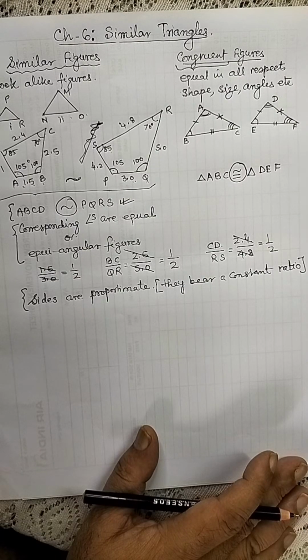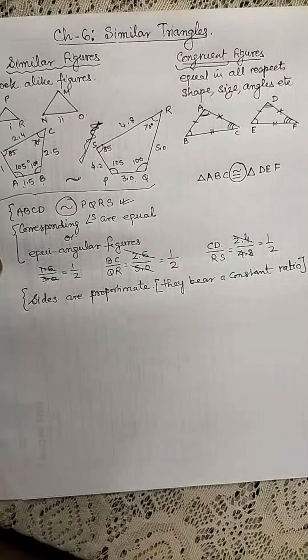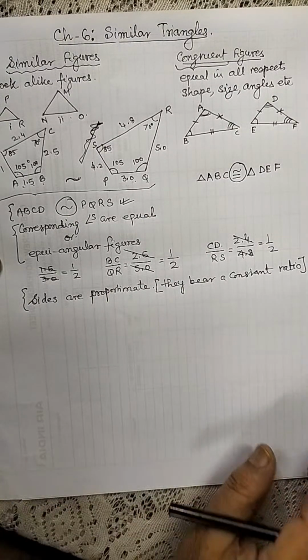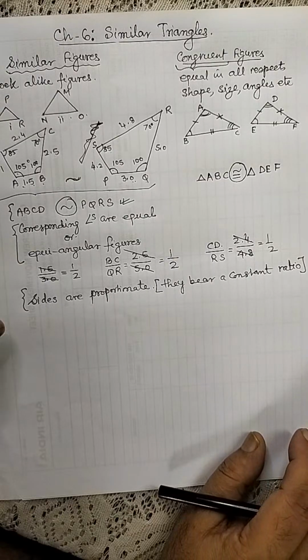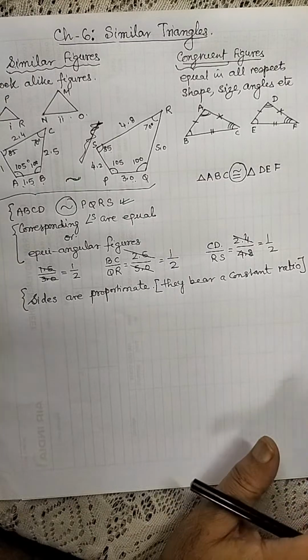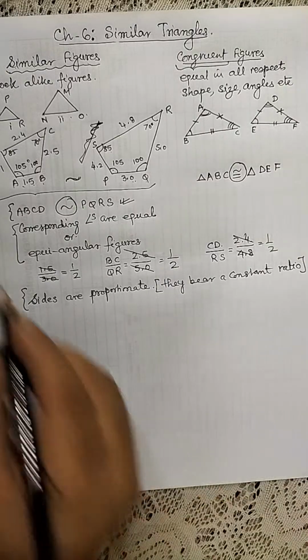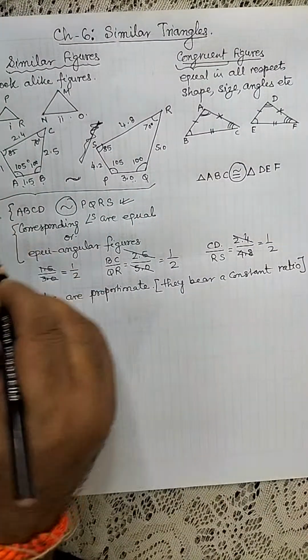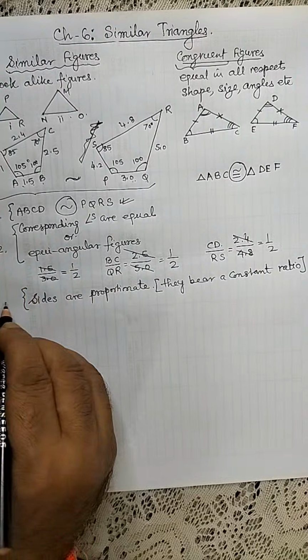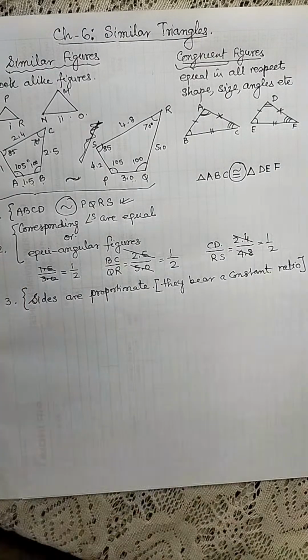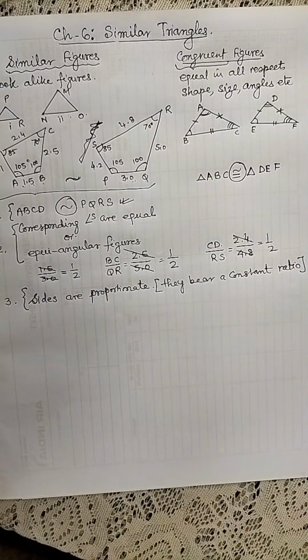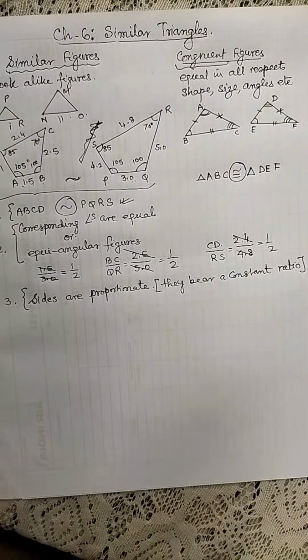Second thing, what we should check here is they should be equiangular. And once they are equiangular, the sides are to be proportionate. So these 3 points you should understand well. Hope I am very clear.